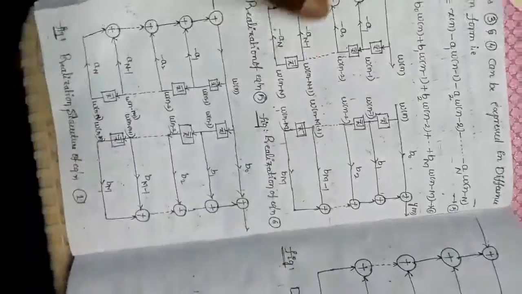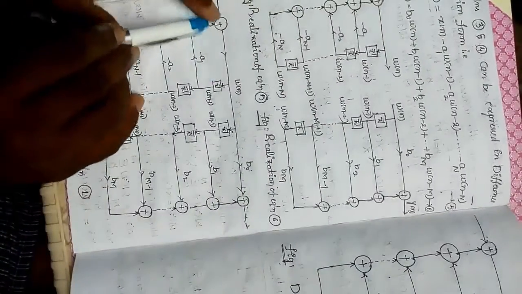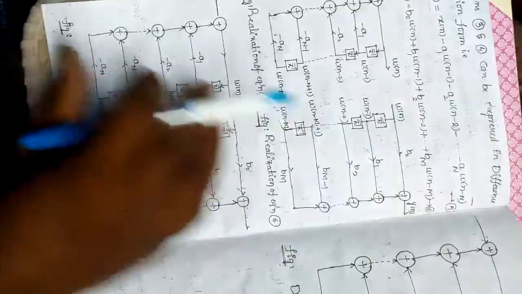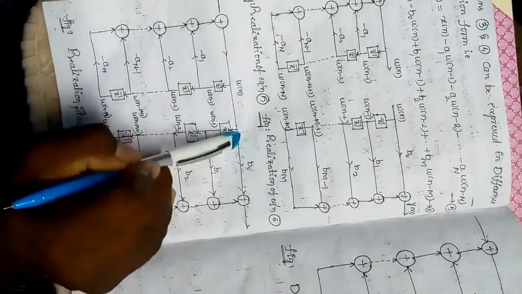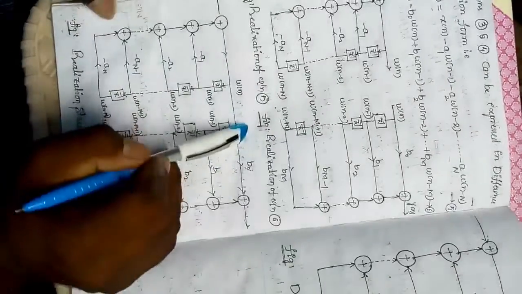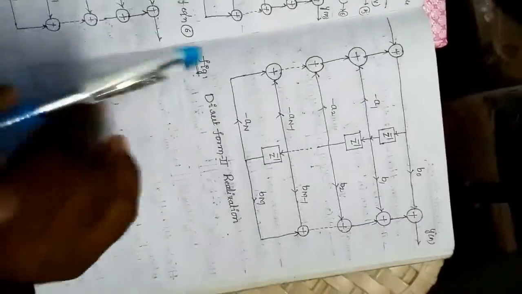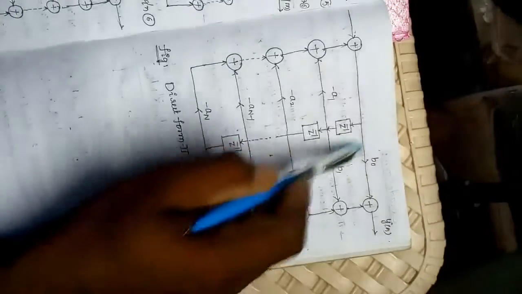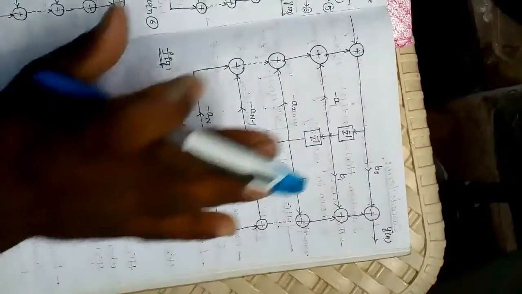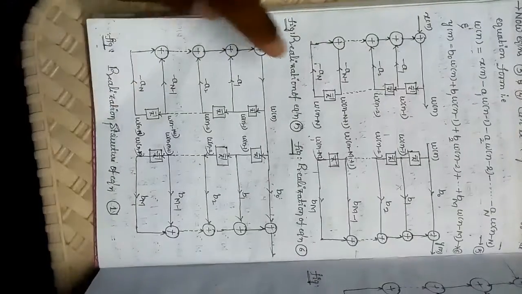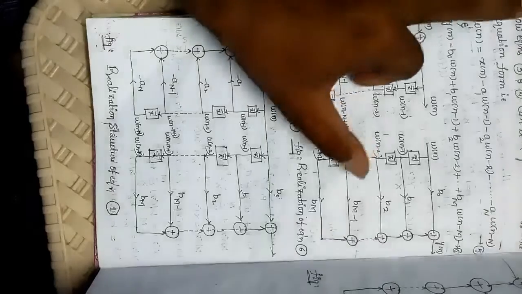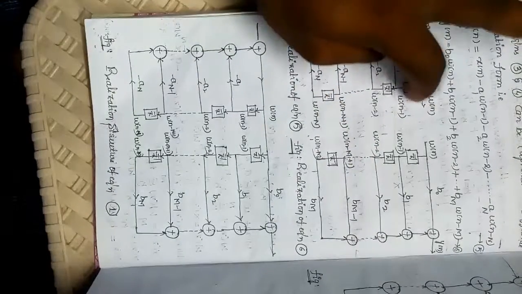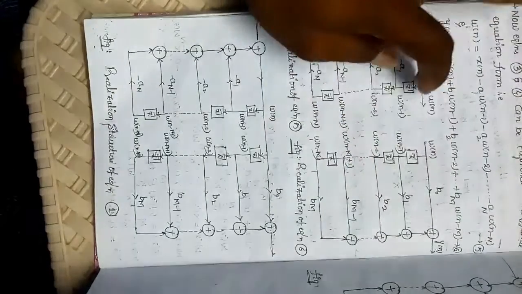So after combining, instead of these 2 relations, I am writing only one part, and that is this one. You observe this diagram and this diagram. This is simple, and after these 2 relations, we are giving w of n to this box.